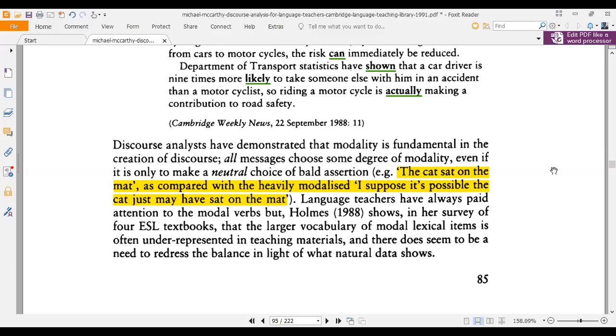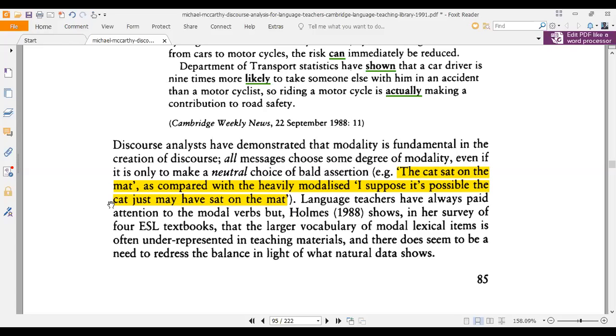Language teachers have always paid attention to the modal verbs, but Holmes shows in her survey of 4 ESL textbooks that the larger vocabulary of modal lexical items is often underrepresented in teaching materials, and there does seem to be a need to redress the balance in light of what natural data shows.